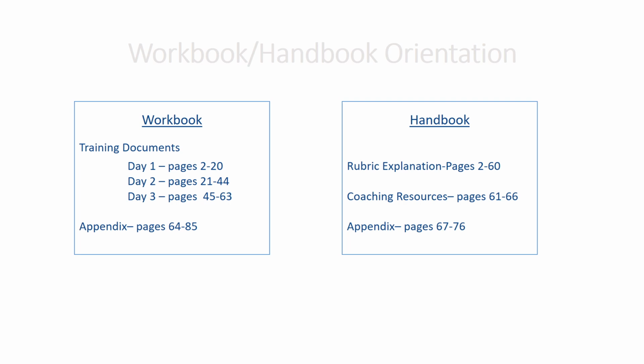As a trainer, you'll know when to have participants go to a particular worksheet in the workbook or when to turn to a section in the handbook, because you'll see a prompt on the slide or in the speaker notes, which will identify which resource to use. Please make sure you review the NIET slides and highlight when the workbook or handbook is needed.